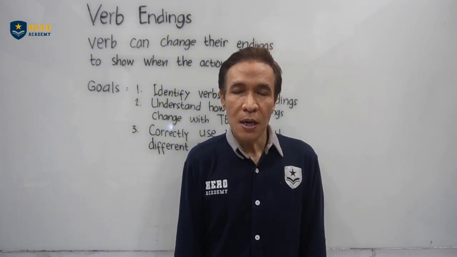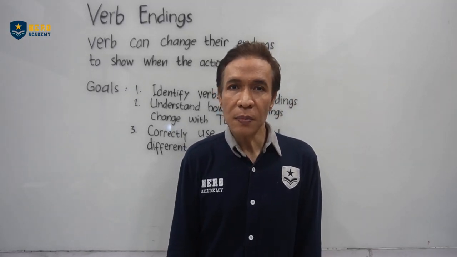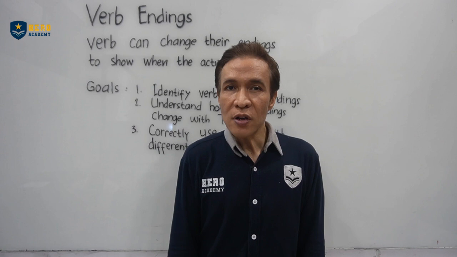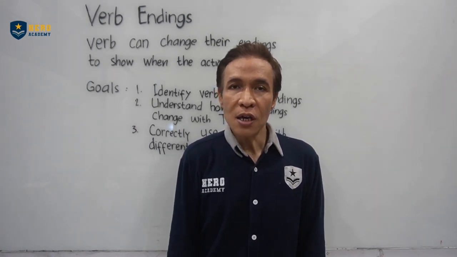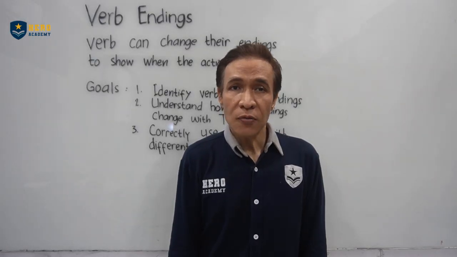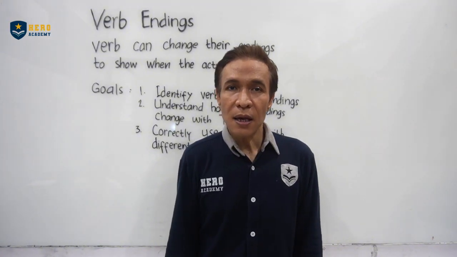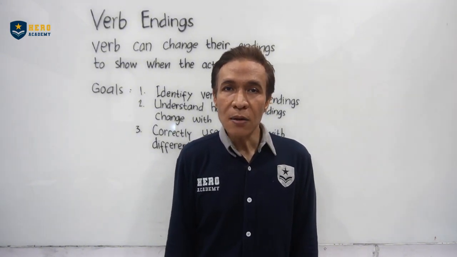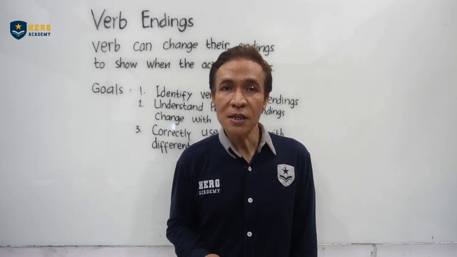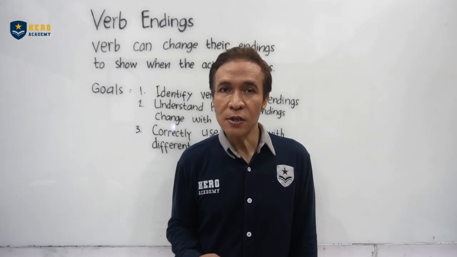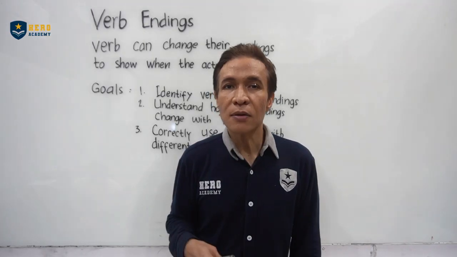For example, he brushes his dogs every week. She watches TV every night. So we add es at the end of the verbs that end with h. And for present continuous, we use present continuous when the action is happening now.